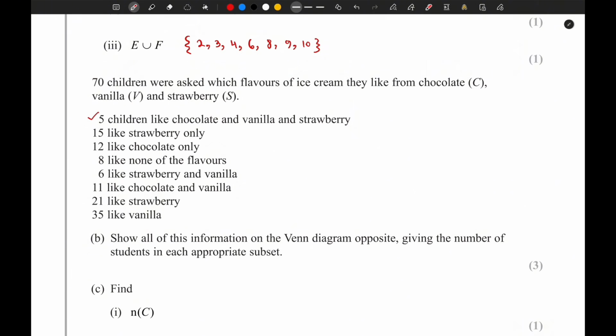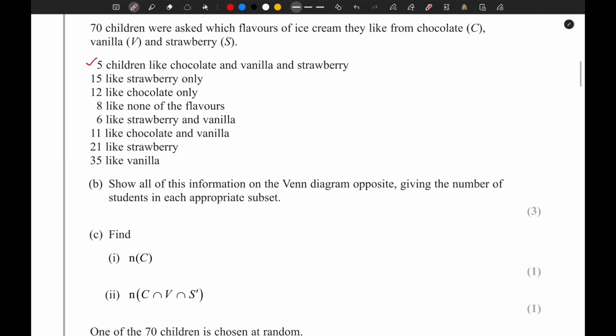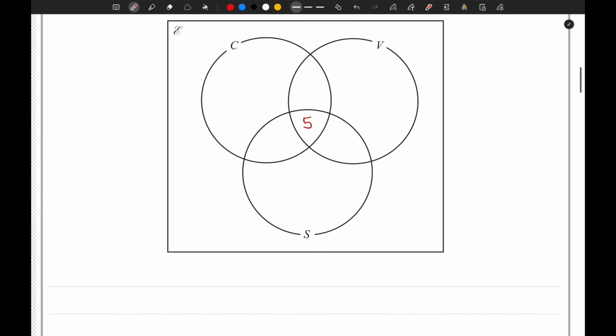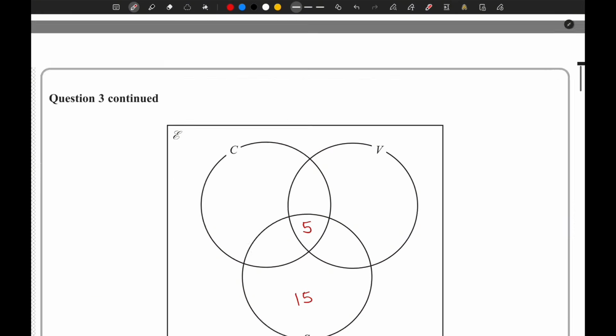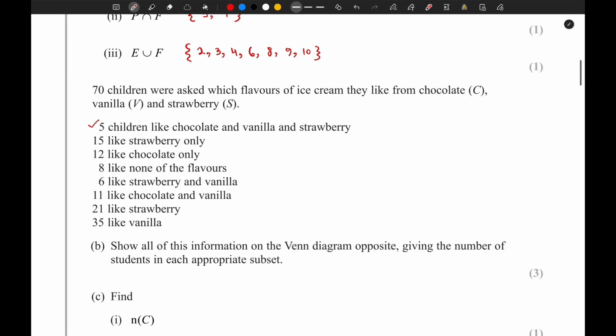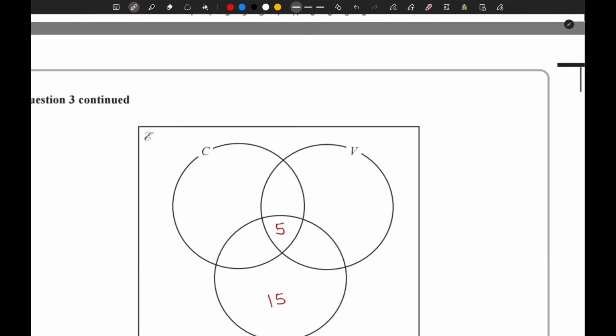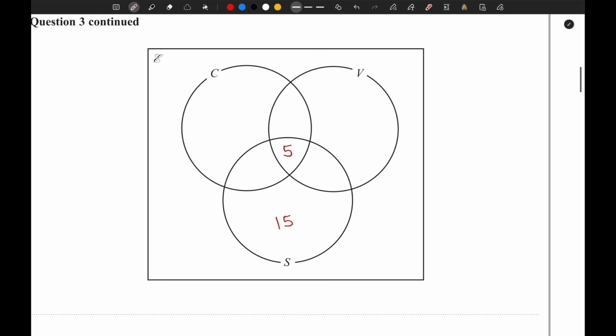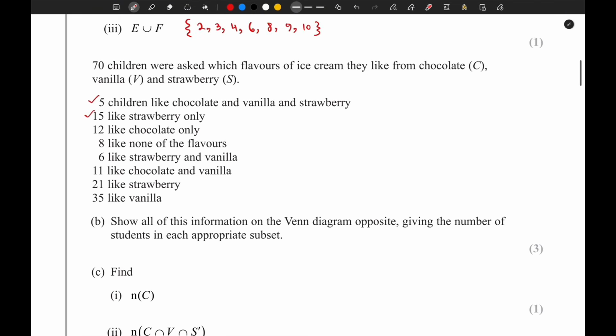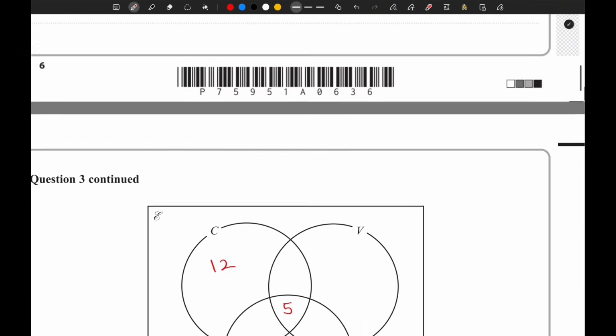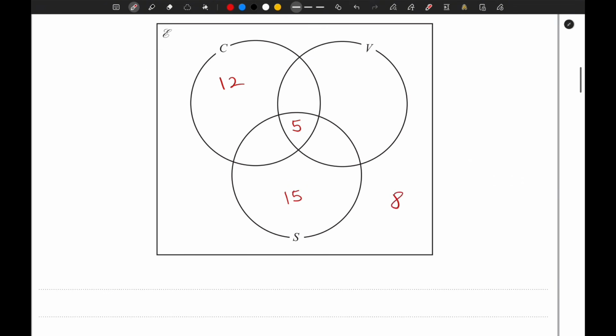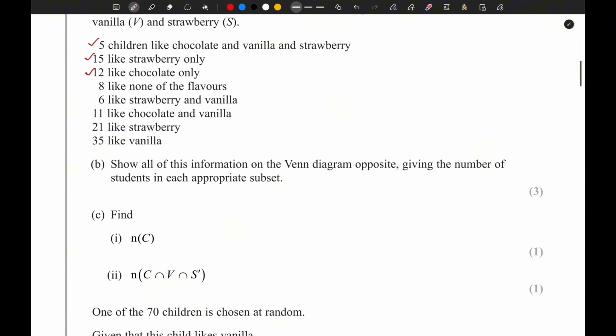And 15 like strawberry only, which means they only like strawberry and nothing else. And 12 like chocolate only, and nothing else. And 8 like none of the flavors, so they will be outside the circles.